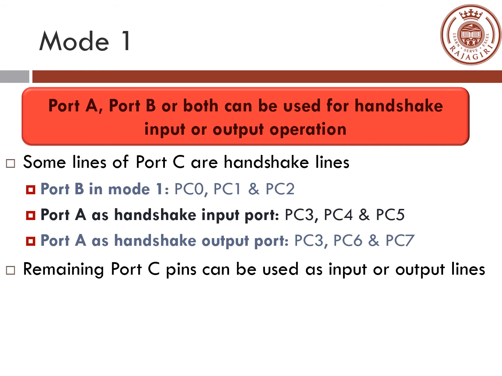The port C signals provide the handshake lines for port A and port B. So the lines PC0, PC1, and PC2 are used for handshake for port B, and the lines PC3, PC4, and PC5 are used as handshake signals for port A in the input mode, and PC3, PC6, and PC7 are used as handshake signals for port A in the output mode. Remaining port C pins are used as input or output lines.